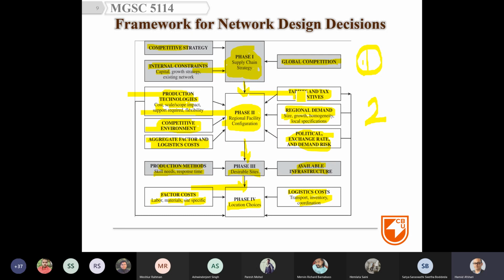So you evaluate different regional options. In phase number 3, you select your desirable sites and get to a few options. Finally, in the last stage, by considering cost, you decide which location is best to establish your new factory, warehouse, or store. These are the four steps that you will follow.